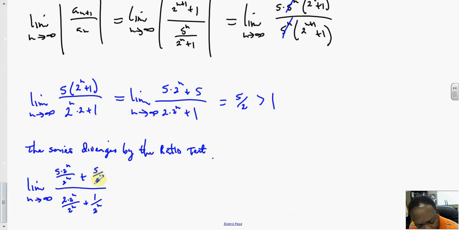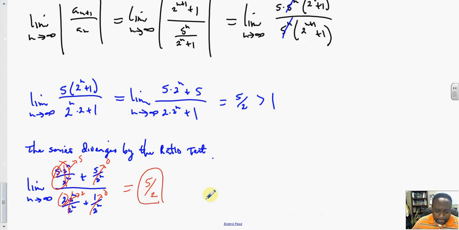Okay. So this term here goes to 0. This goes to 0. This term here, those guys cancel out. So this goes to 5, right? And this guy here goes to 2. So we have 5 divided by 2. 5 plus 0 divided by 2 plus 0. That's 5 over 2. Thank you.